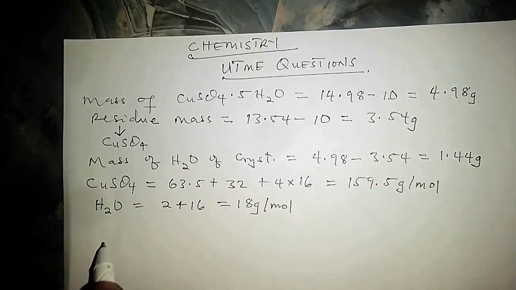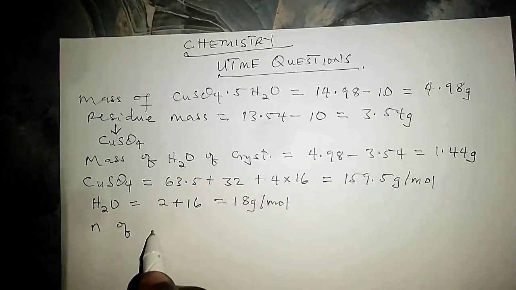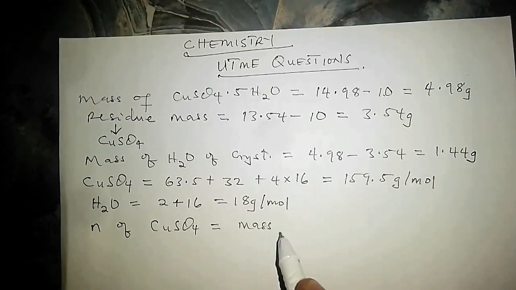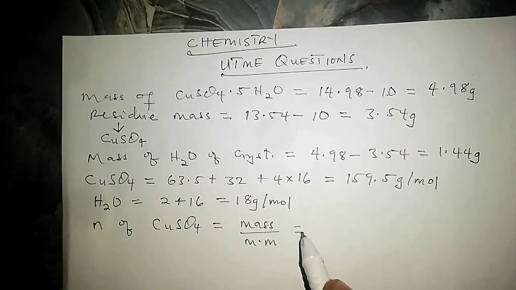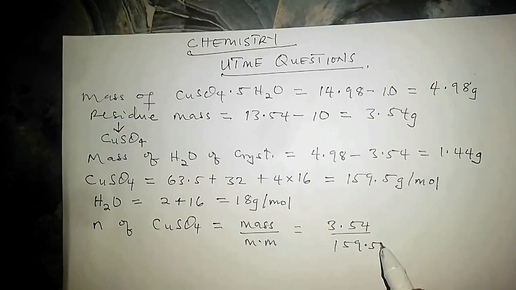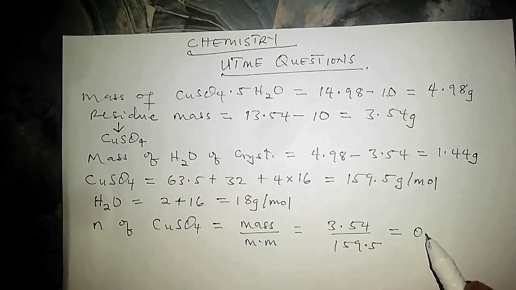After that, we need to calculate the number of moles of anhydrous copper(II) sulfate, which equals mass in grams over molar mass, so 3.54 divided by 159.5, which equals 0.022 mole.